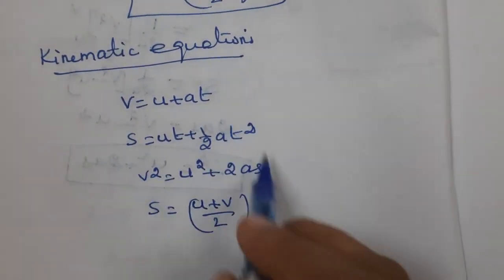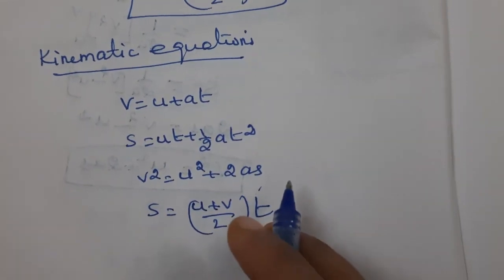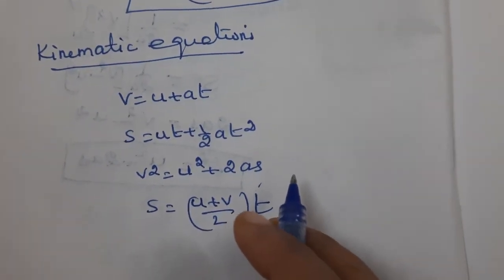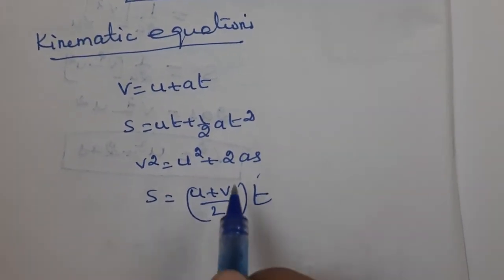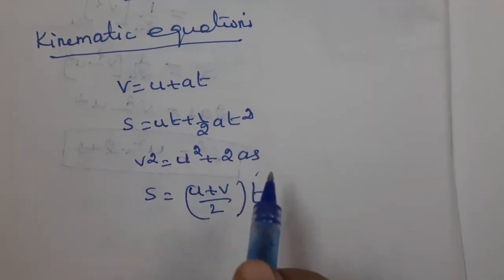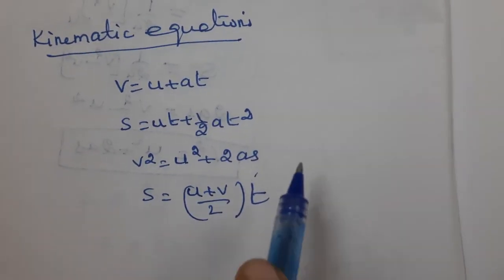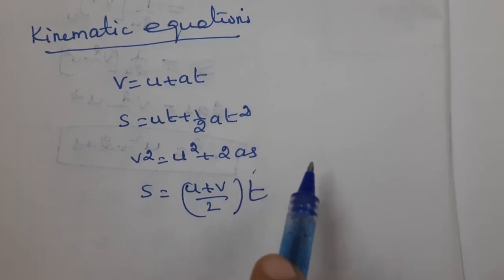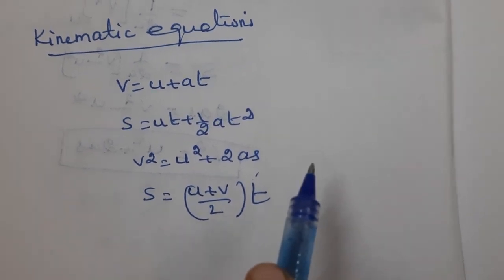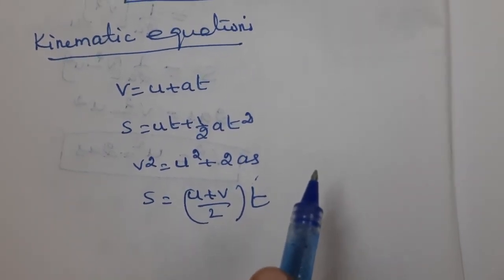These equations are called equations of motion or kinematical equations of motion. These equations are valid only if the motion is in a straight line with a constant acceleration. For circular and oscillatory motions and all, these equations are not applicable.